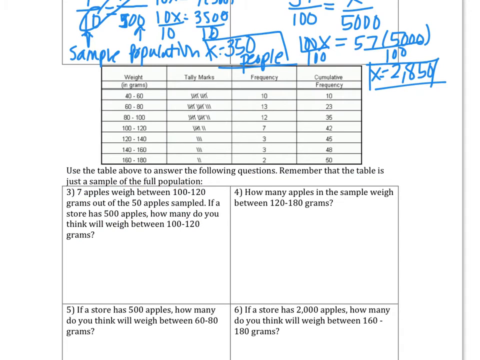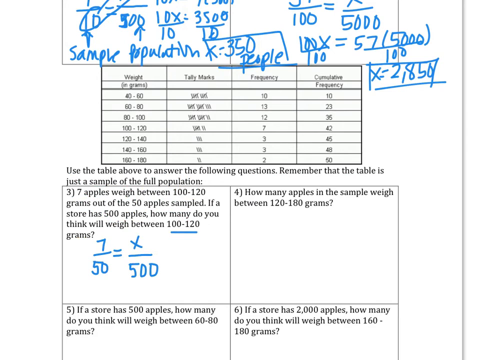So with this information, we can set up a proportion. We're going to start with our sample size. So 7 out of the 50, and our actual population of apples is 500, and we want to know how many will weigh between that 100 and 120. So that's what we're trying to solve.